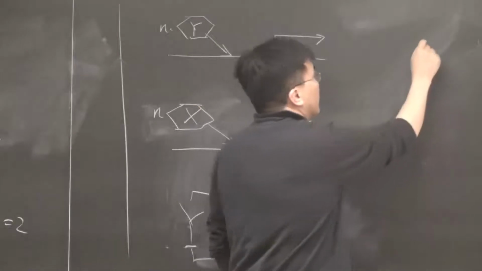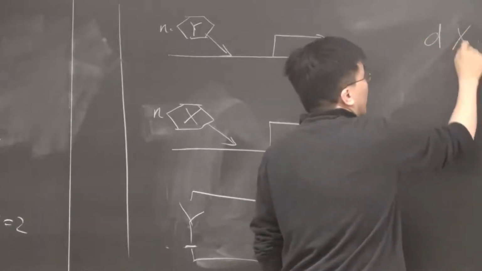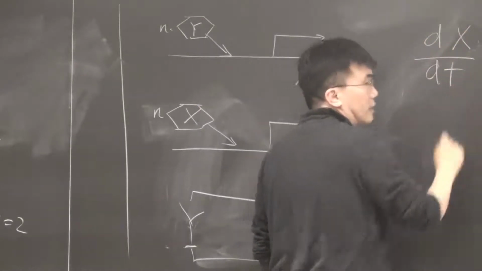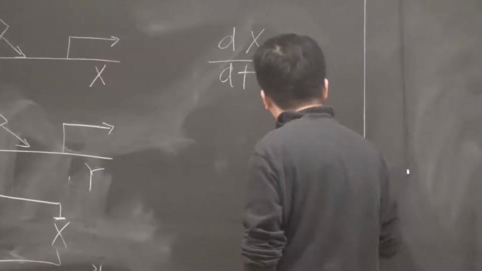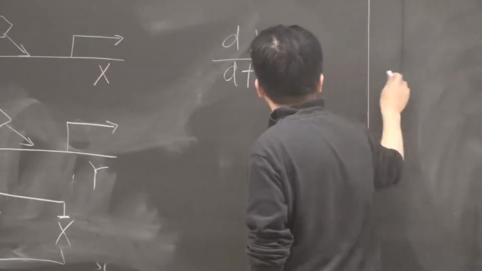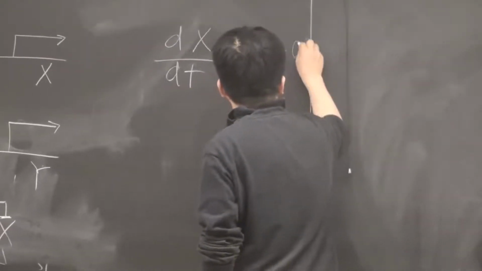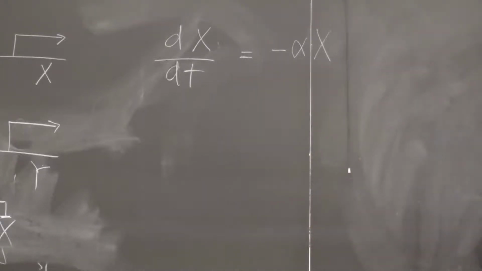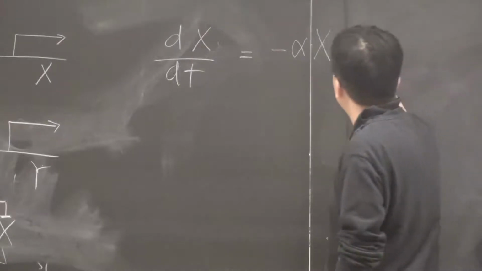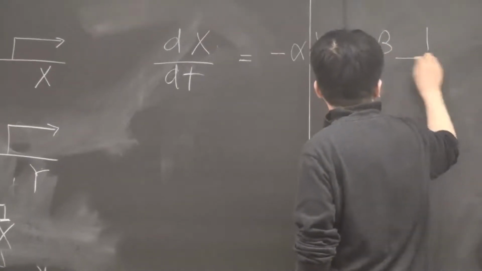So then you can write things down in this manner: dx/dt. So protein X is degraded at a rate of alpha, and then it is produced at this rate.